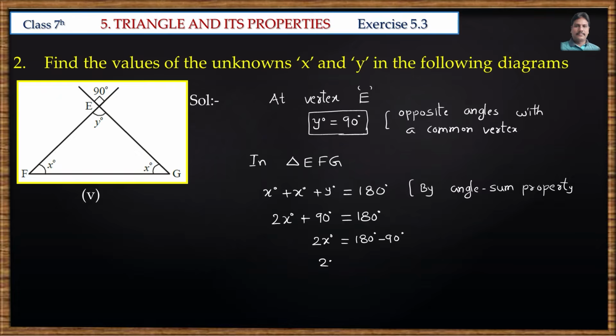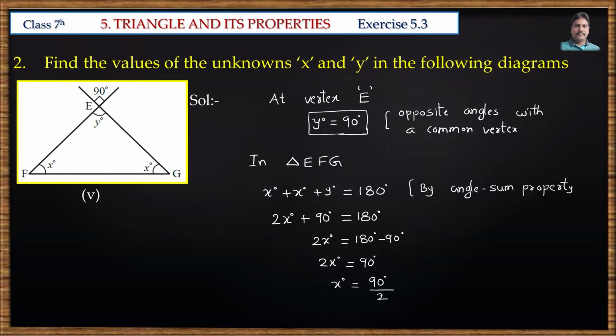So, 2x degrees is equal to 90 degrees. Now, transpose this 2 to the right side, it will divide there because it is multiplying the x value. So, x degrees is equal to 90 degrees divided by 2.